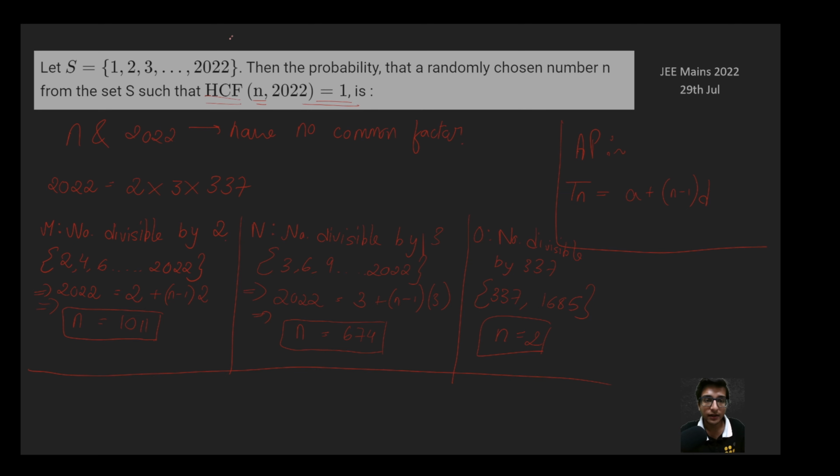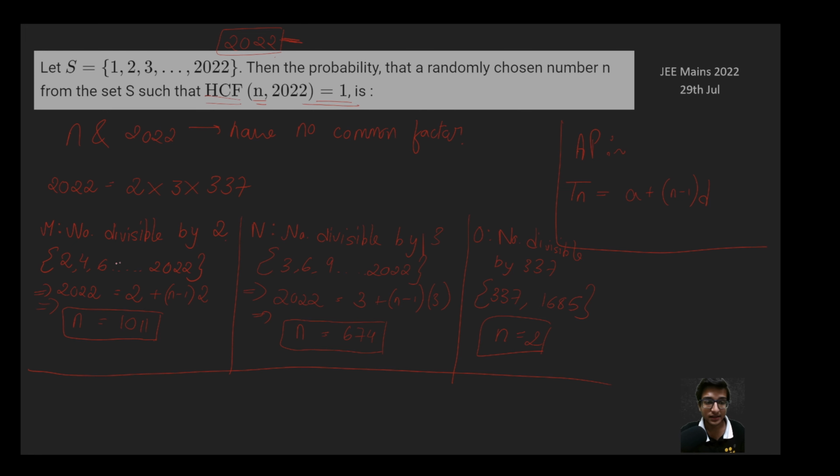In total I know I have 2022 elements in my set. Now can I simply remove 1011, 674 and 2 from this 2022 and get my answer? Absolutely not. That is going to be completely wrong, because there are a lot of numbers that have been repeated twice in these sets. There are a lot of numbers divisible by 2 as well as 3.